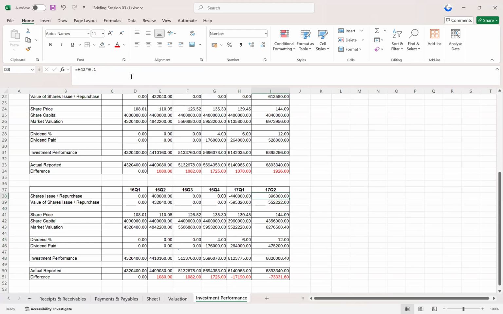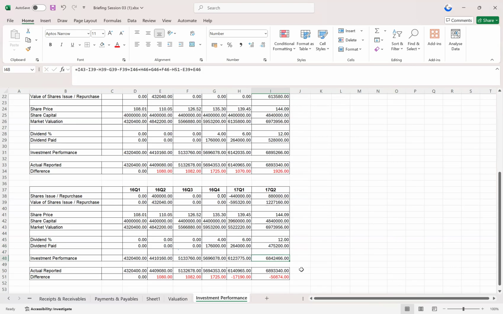And now what you wanted to see was if I issue 20% now. This becomes my value of shares issued. This is correct at the new share price. Market valuation is correct. This will change to H42.